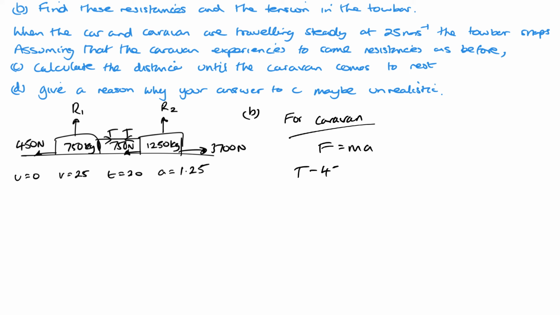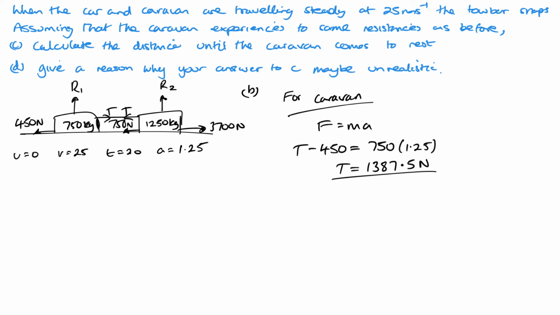So T minus the 450 is the force driving it forwards. 750 is the mass, and the acceleration is 1.25 that we've already calculated. And then we have that this is 1387.5 newtons. And of course, if you did it with the car, you would get the same answer. It's just that the calculation is easier for the caravan.